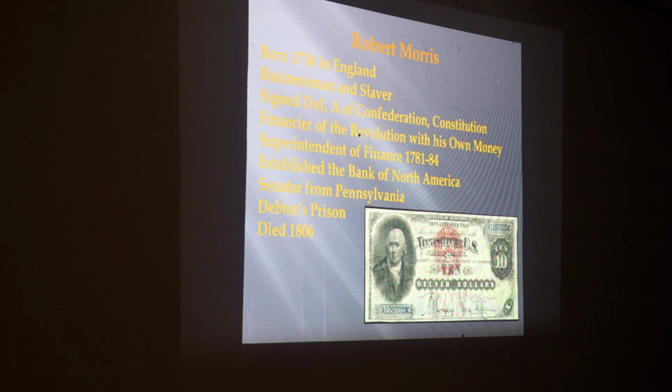Became a senator. Then he got involved in a bunch of land deals, bad land deals, that went bankrupt, went to debtor's prison. And Congress passed a law especially for him to get him out of prison. And then he died in 1806 after his remaining years in poverty and peace.